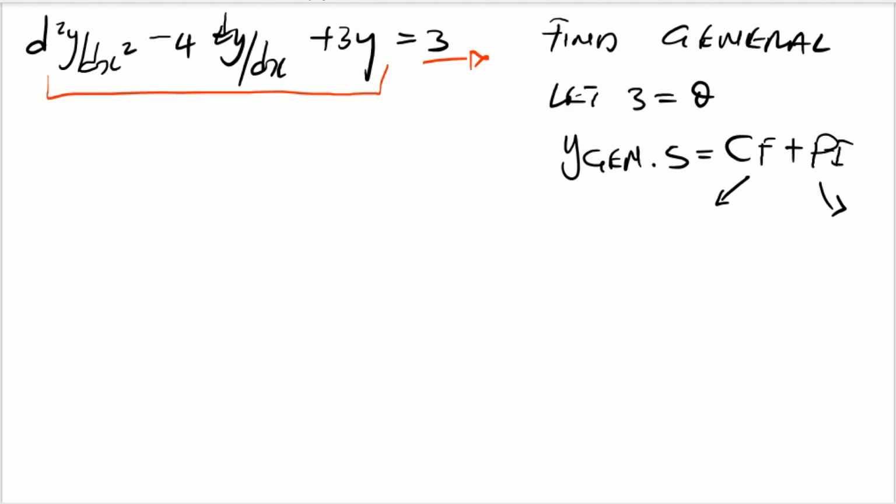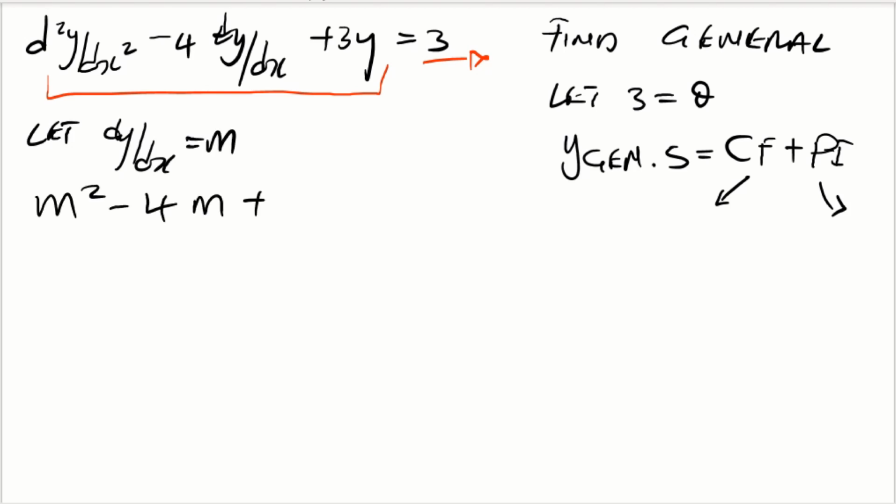So to find those values, you're going to go ahead and let dy over dx equal to m. So you're going to say m squared minus 4m plus 3 equals to 0. So you're going to ignore this 3 and equate it to 0 to find your factors. You first find your factors, because the first equation that you need to find is your CF.